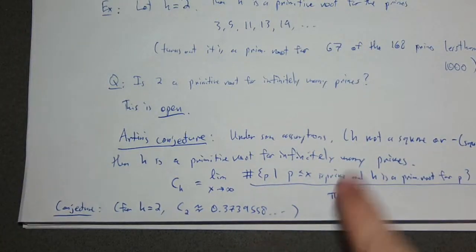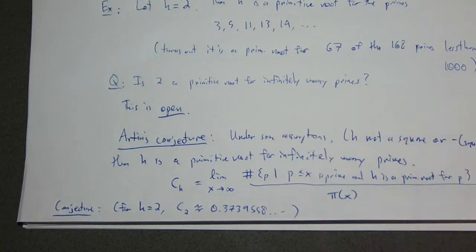You can compare this with the proportion I gave above, that 2 turns out to be a primitive root for 67 of the 168 primes less than 1000. This is still open as far as I know, with no assumptions, and it has been proven with the assumption of the generalized Riemann hypothesis, which itself, of course, is not proven. So that's a neat fact, but under no extra assumptions, this hasn't been proven.